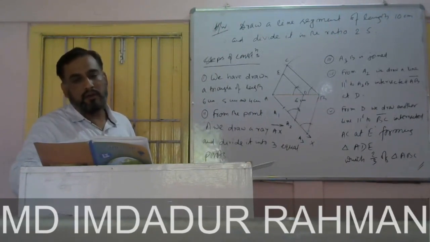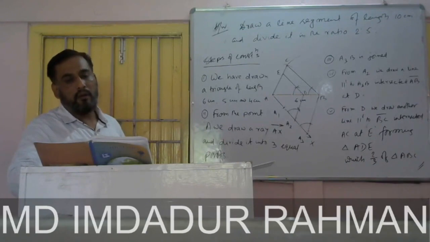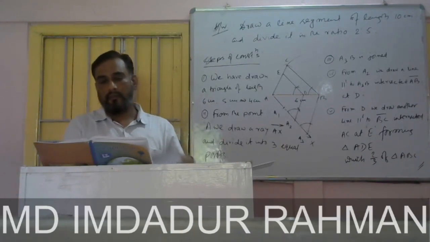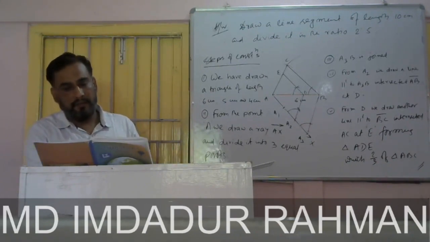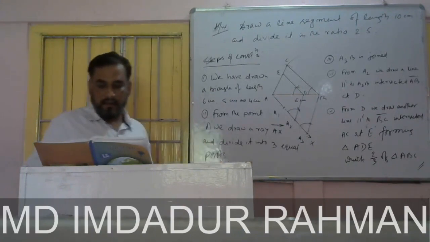Question number 2, it was 2/3. Now another type of construction. Question number 3. You follow? Question number 3. So if it is 7/5, you see here some difference is there.